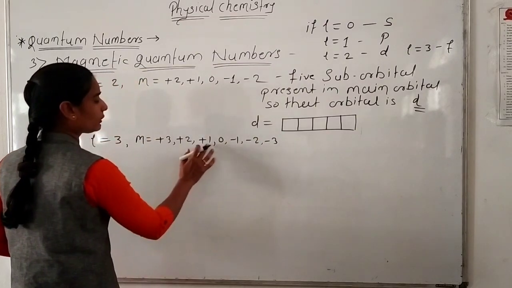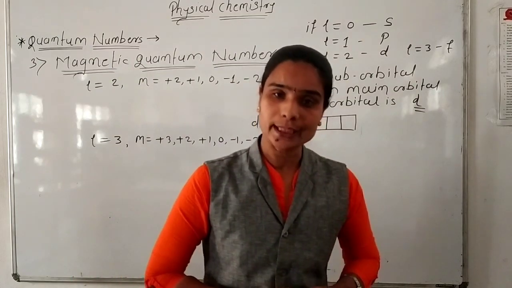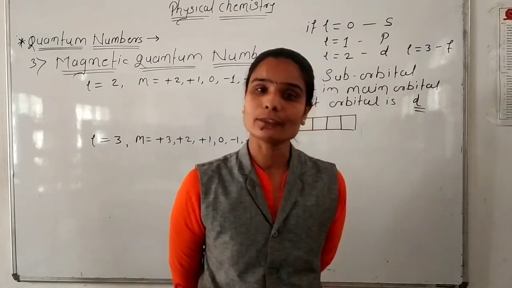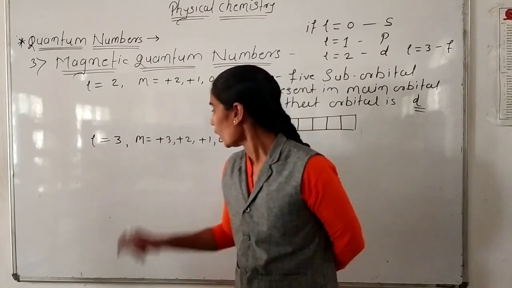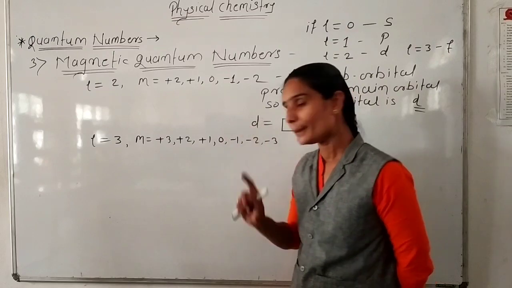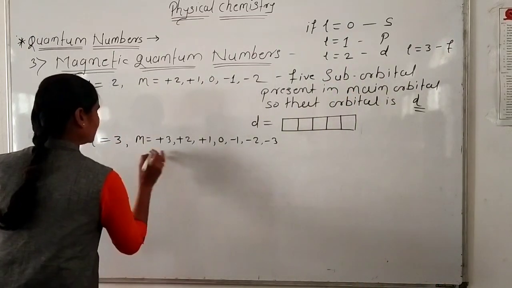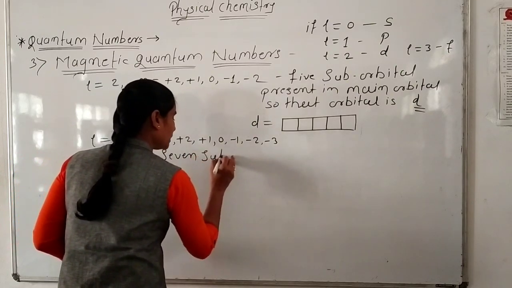When L is equal to 3, there are 7 values, means what? That orbital has 7 subshells, and that orbital is the f orbital. 7 subshells are present.